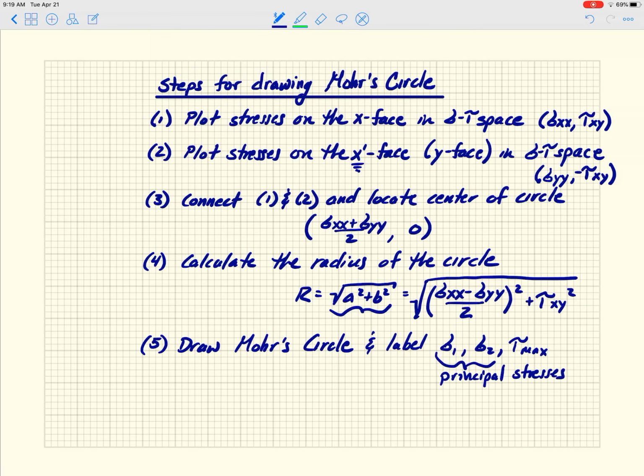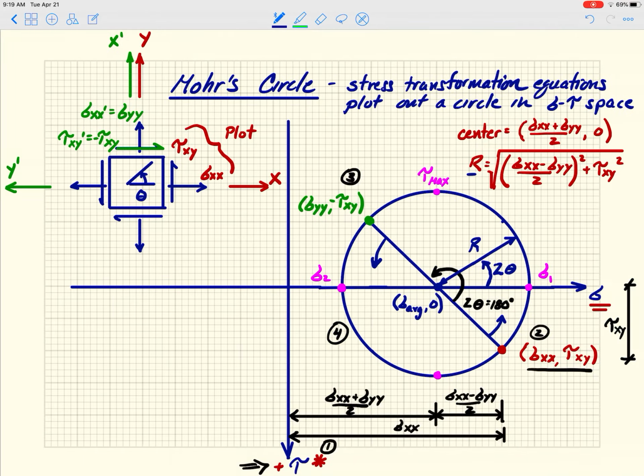So if I wanted to summarize this, I would say that sigma 1 equals sigma average plus r. Sigma 2 equals sigma average minus r. So if you notice, I'm coming from the center of the circle and I'm moving an r distance to the right to give me sigma 1, then I'm moving an r distance to the left to give me sigma 2.